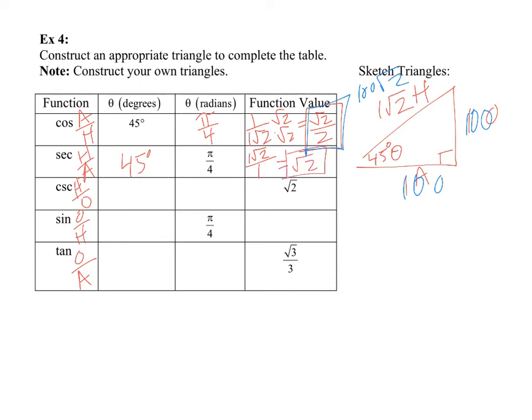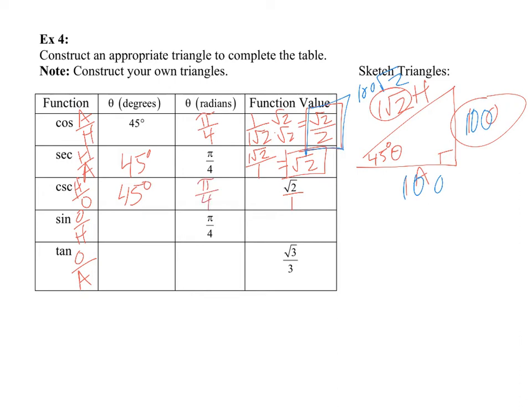All right, and then cosecant, I have square root of 2. All right, cosecant is hypotenuse over opposite. So I could rewrite this as 1. All right, and here, looking at the triangle, I have square root of 2 for my hypotenuse. I have 1 for my opposite. So that means it must be a 45, 45, 90. So that's 45 degrees, and that's pi over 4.